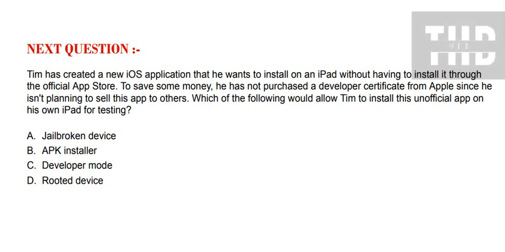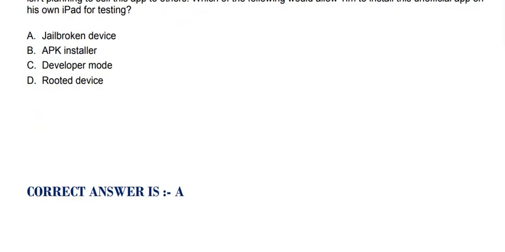Which of the following would allow Tim to install this unofficial app on his own iPad for testing? And the options are: option A, jailbroken device; option B, APK installer; option C, developer mode; and option D, rooted device. The correct option is option A.